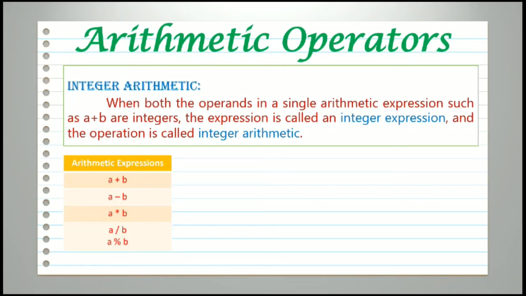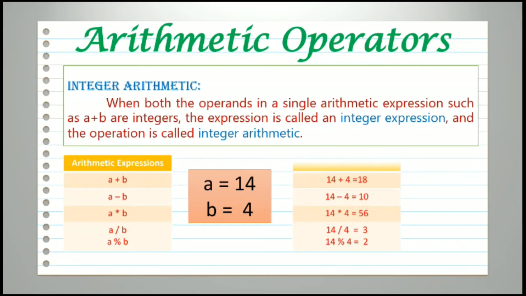That is, if a and b are integers, and if a equal to 14 and b equal to 4, we will get the results: for addition, 14 plus 4, that is 18. For subtraction, 14 minus 4, that is 10.